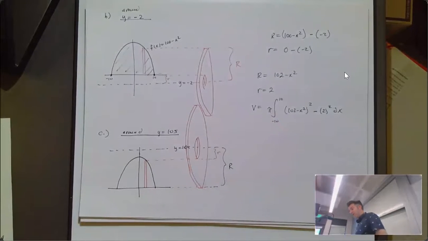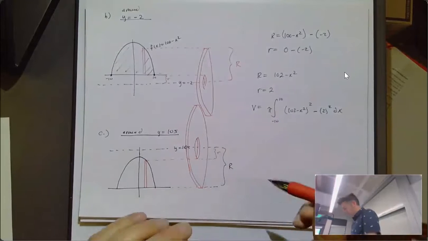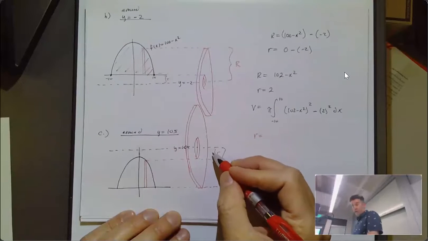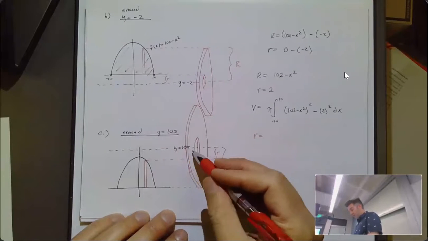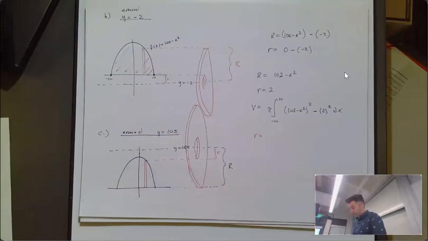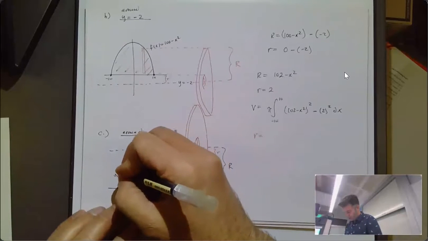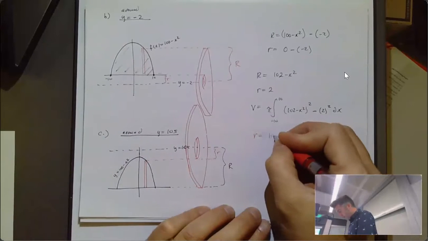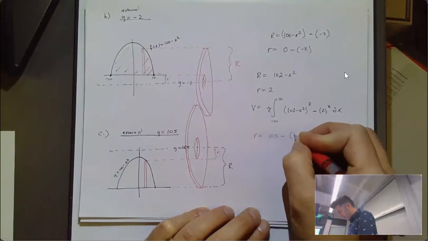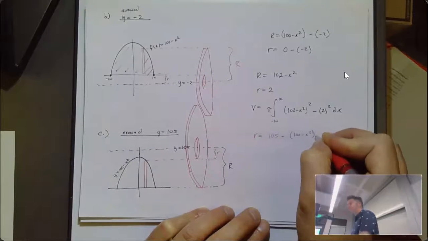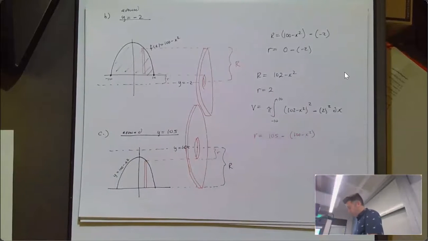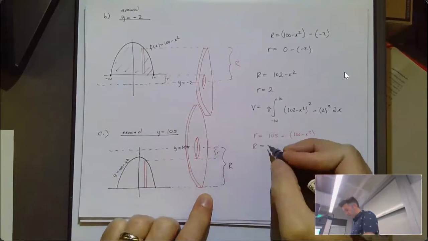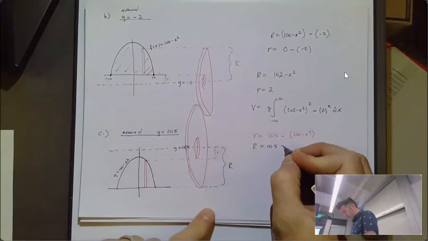Okay, so now check this out. The inner radius is the difference between these 2 functions. So it's the difference between y equals 105 and the actual function y equals 100 minus x squared. So our inner radius is 105 minus (100 minus x squared). Our outer radius is the distance between these 2 functions. So it's the top function, 105, minus the bottom function, which is 0.